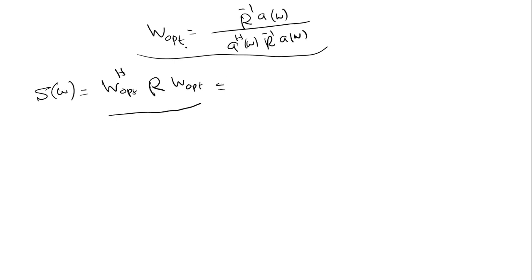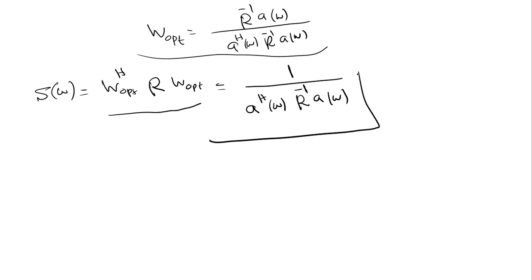And if we substitute W with this term, we can find 1 over A Hermitian(omega) R inverse A(omega). This is the Capon pseudo spectrum, and we can use this spectrum to find the frequency of our signals. Actually, the location of peaks of this spectrum are our frequencies.